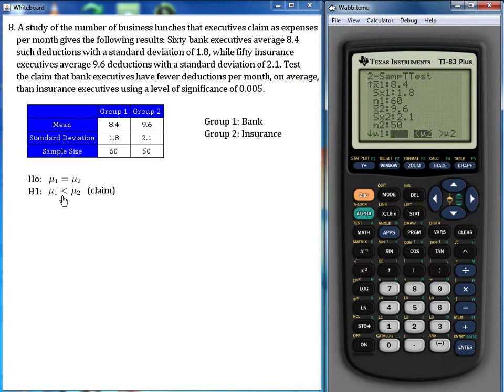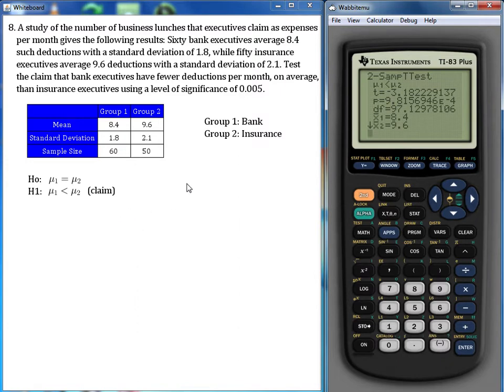Now the symbol in the alternative is a less than, so I'm going to select that here. Of course, I want no as my answer to the pooled option. And calculate.